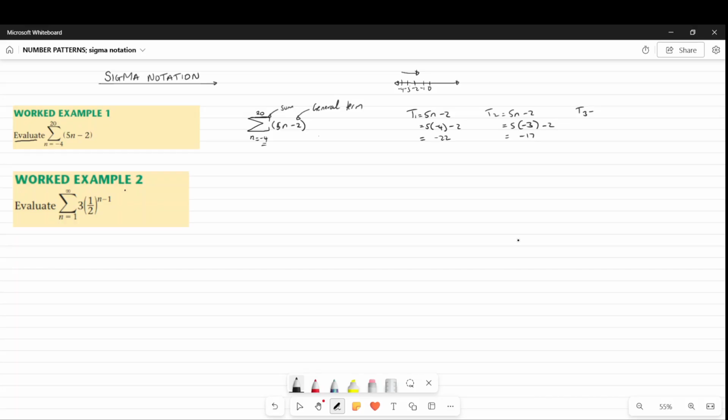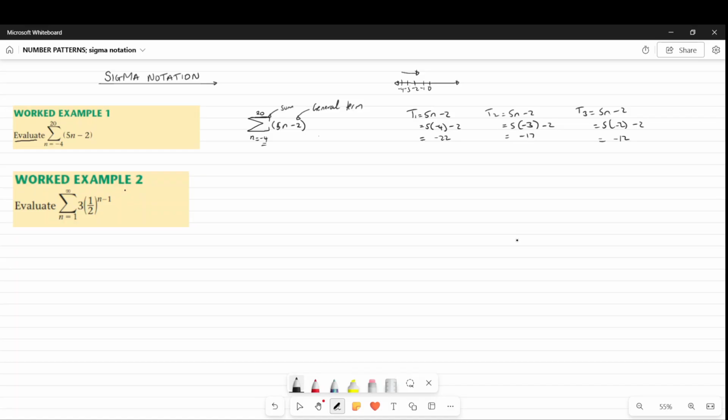Now t3 will be 5n minus 2, so 5, and n in this scenario will be -2. So -10 minus 2, that's -12.